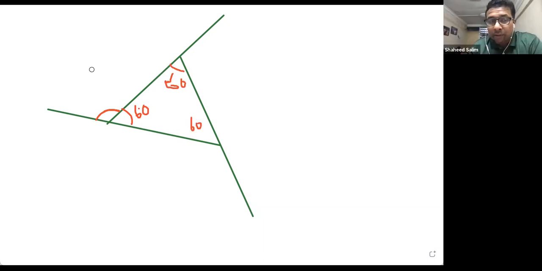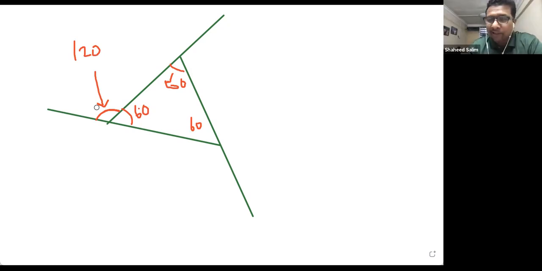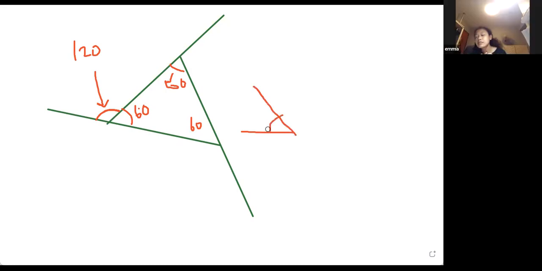But now down here is exterior is how many? 180 minus 60 is 120. But the question is saying exterior angle is 60. So it cannot be, so exterior angle 60 how? That means down here it makes 60 degrees.